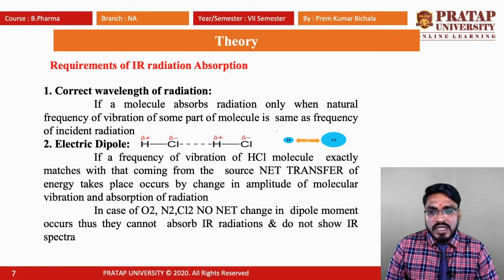So the vibrational frequency of the sample should be equal to the frequency of radiation we are going to use. If the frequency is equal, then we have the proper wavelength for absorption.